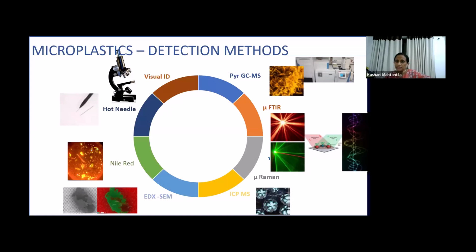In the pyrolysis, the plastic particle is broken down into decomposition byproducts, which are smaller and more volatile than the original compound. Then they go through the GC column, are separated and analyzed by a mass detector. These are the commonly available detection limits used by researchers for the analysis of microplastics.